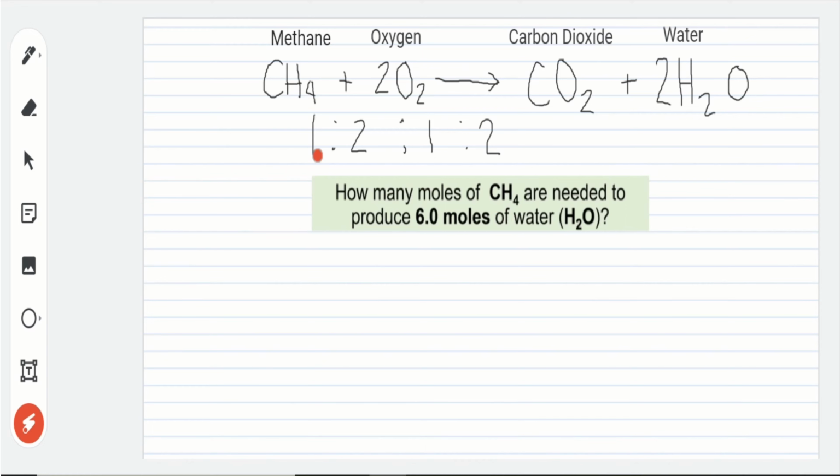We will use the ratio of methane and water to identify how much methane we need so that we can have 6.0 moles of water. So first thing we need to do is write our known, or given, which is 6.0 moles of water.